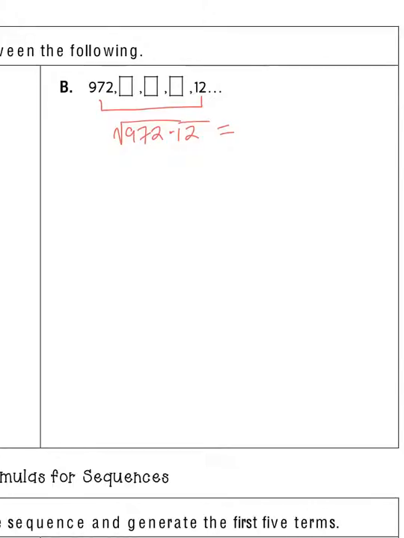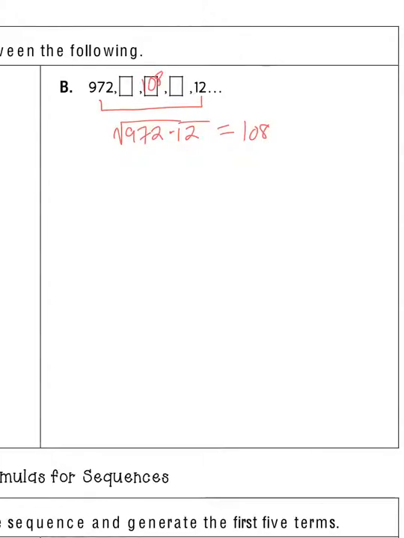Looking for my square root button. Oh, there it is. All right, so we get 108. That gives us the middle number here.